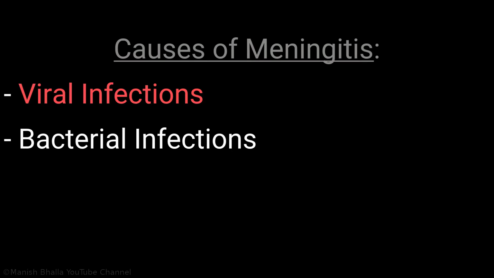So organisms from birth to first 3 months of age are Group B Streptococcus, E. coli and Listeria monocytogenes. Organisms from 1 month to 6 years of age are Neisseria meningitidis, Streptococcus pneumoniae and Haemophilus influenzae. And organisms above 6 years are Neisseria meningitidis and Streptococcus pneumoniae.